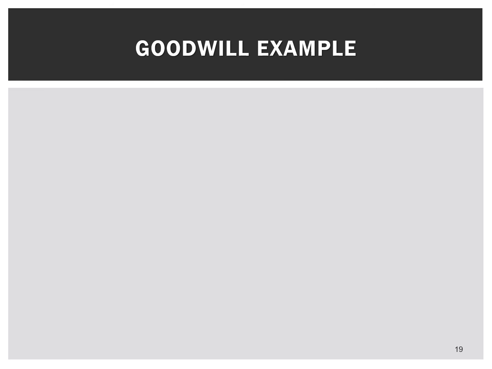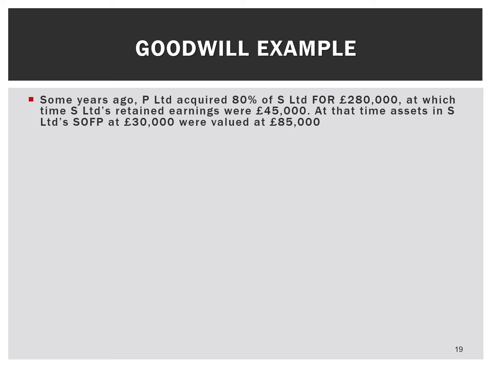So here's an example of the goodwill calculation. We've got a company here, P Limited, the parent company, and P Limited purchased 80% of the shares in S Limited some time ago for £280,000. And at that point in time, the retained earnings figure in the equity section of S Limited's statement of financial position was £45,000.